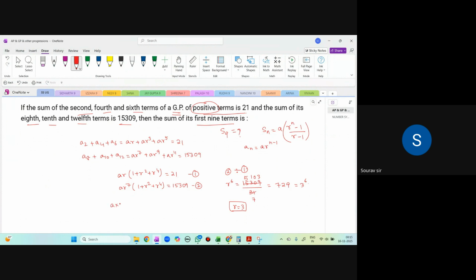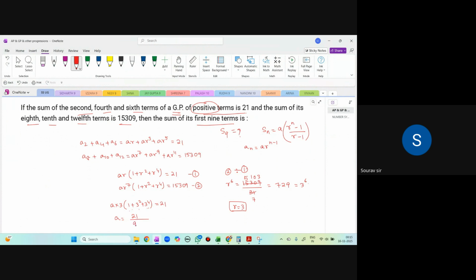So A into 3 into 1 plus 3 square plus 3 to the power 4 is 21. So therefore, A will be 21 by 84 plus 1, 85 plus 9, 94. No, sorry, 81 plus 9, 90 plus 1, 91. So 91 into 3.